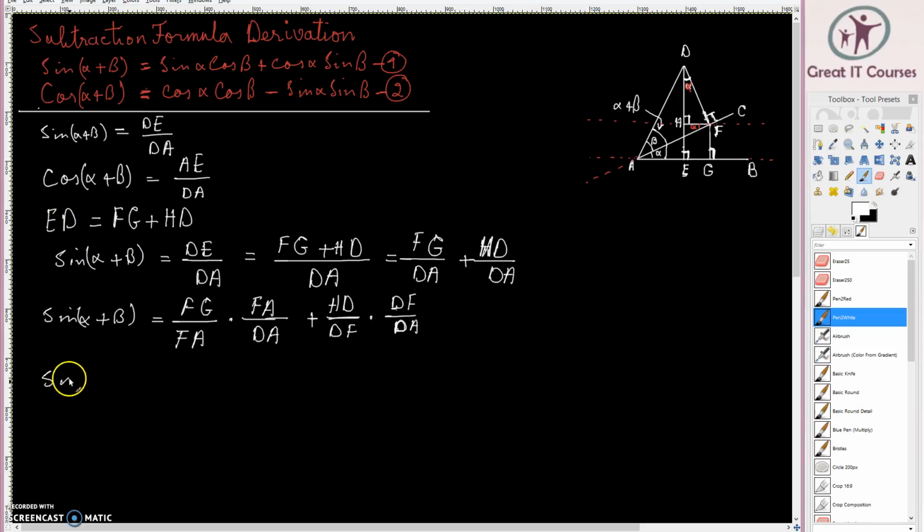So sine alpha plus beta over here is equal to FG by FA. So FG by FA is sine alpha.